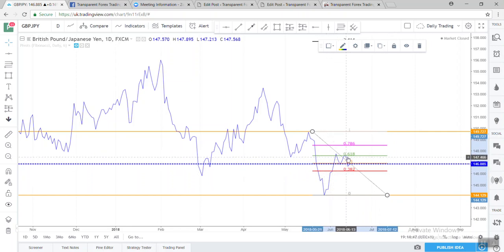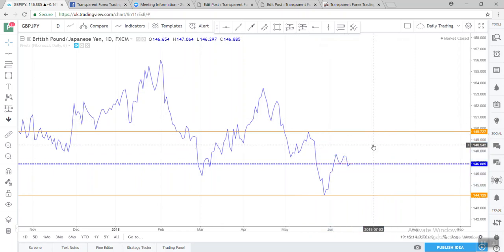And I can see, if it's hitting the 61.8, there's a strong chance that it's going to retrace, which it did. It dropped below the 50% in between the 38 and the 50, and it's just started to go back up towards the 50% again. So in this instance, the fibs are useful because you can get an idea of how likely it is that the market is going to retrace from there.